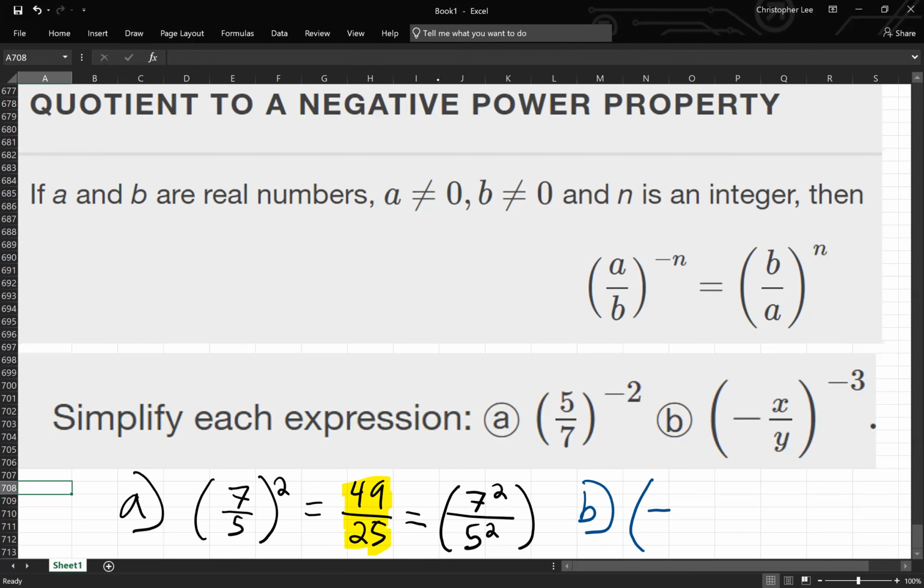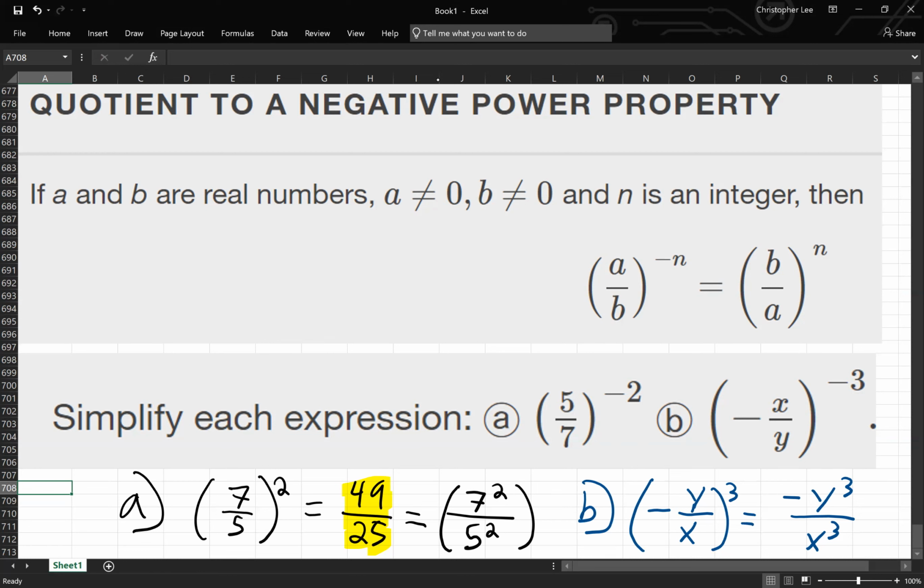Why didn't I change the negative? There's a reason why I didn't. If it was a square, would I have put a negative?